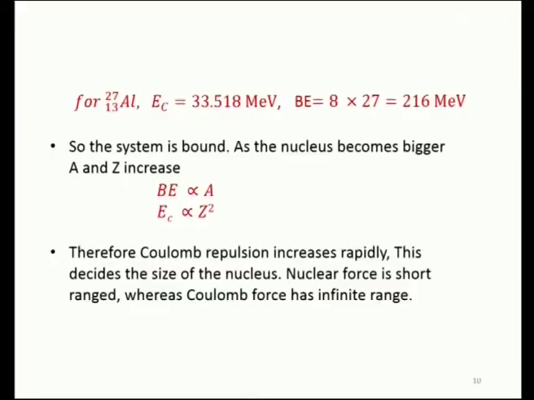Within 1 or 2 Fermi, each nucleon is able to attract only its immediate neighbors. Therefore, it is short range, whereas the Coulomb energy is long range. So, the Coulomb force and the nuclear force both decide the size of the nucleus.